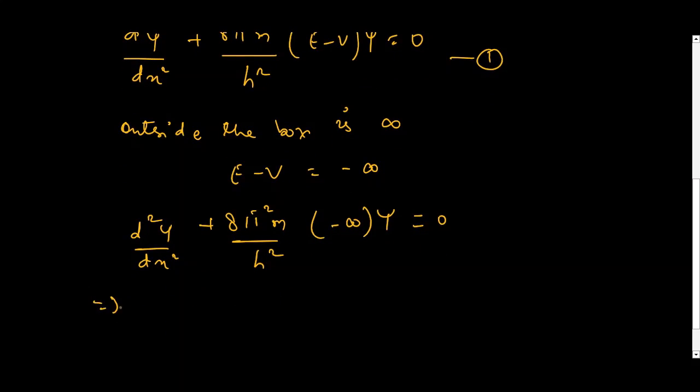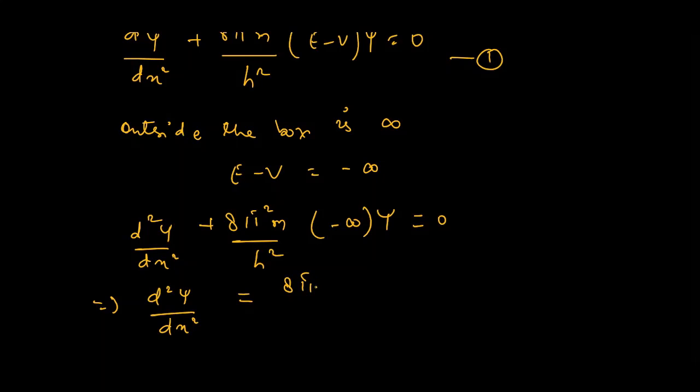We can write this as d square psi upon dx square is equal to 8 pi square m upon h square into infinity into psi is equal to 0.